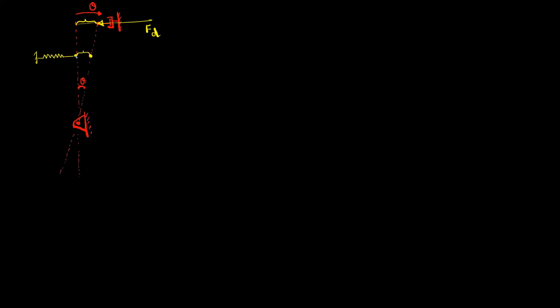As the displacement is towards the right side, the spring force will be in the opposite direction. So this is the Fk. These are the external forces Fd and Fk.